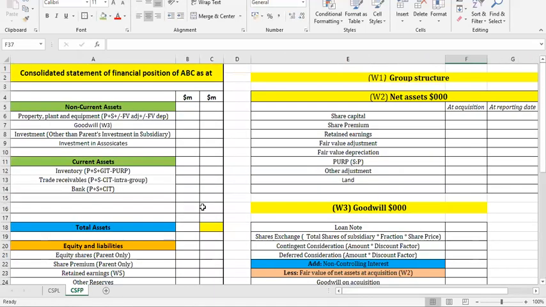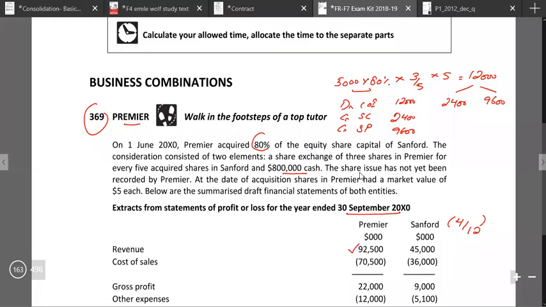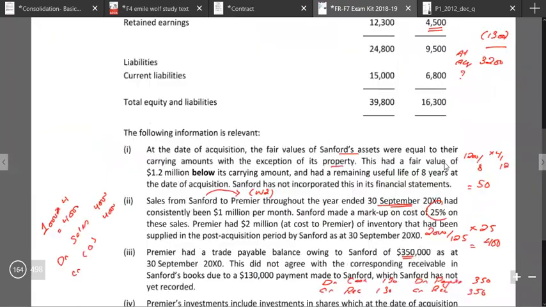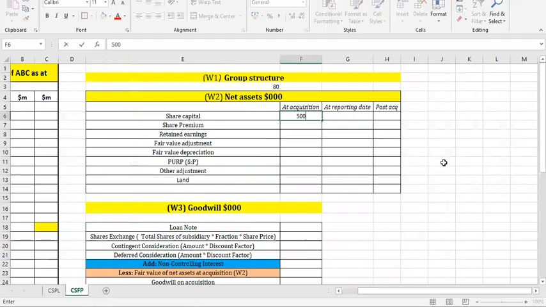Now we'll be going to the consolidated statement of financial position. Okay, first of all, the workings. The working group structure 80%, fine. Now we are just putting share capital of the subsidiary. It was 5,000, it will be the same 5,000.